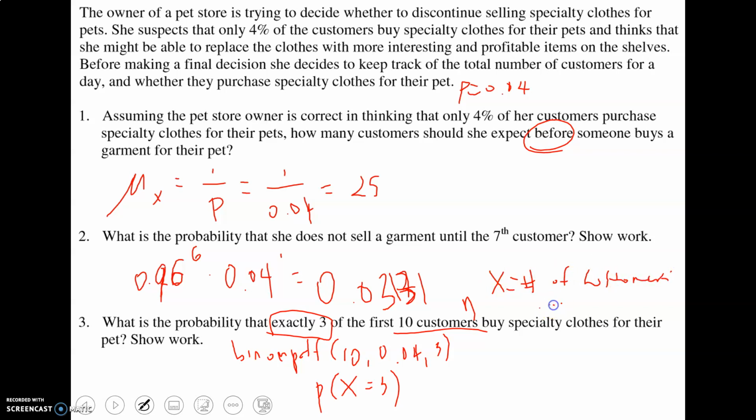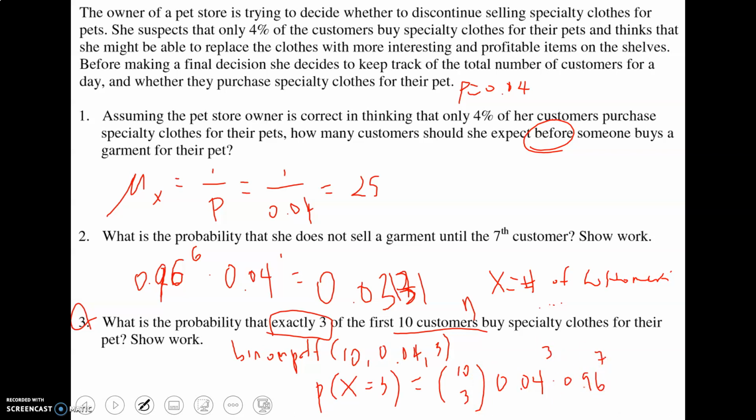You need to define your variables all the time, so you should have done that in this question and onward. X is the number of customers who buy specialty clothes for this pet store. And this one can be found by doing the combination first, and then 0.04 cubed times 0.96 to the 7th.